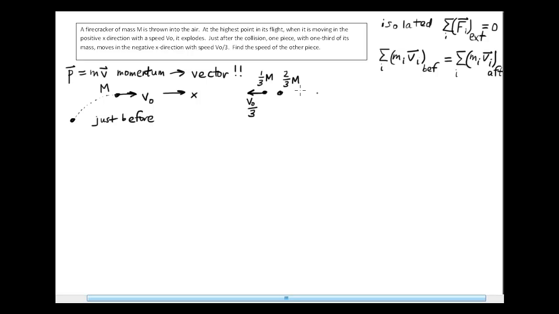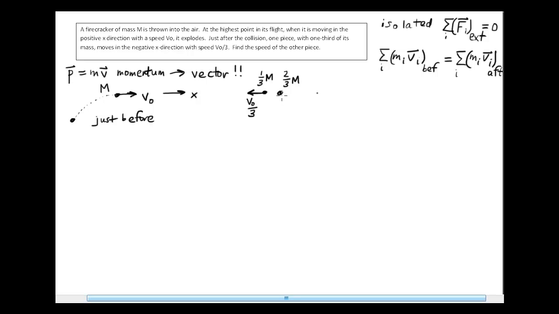Before we even get to that point, we should think about how we should draw the velocity direction. It's very important that we draw it in a way that's consistent with the law of conservation of momentum. Now let's just look at the initial momentum vector, m times v0. It's in the x, or the i hat direction, so that the total momentum after the collision has to also be in the positive x hat direction.